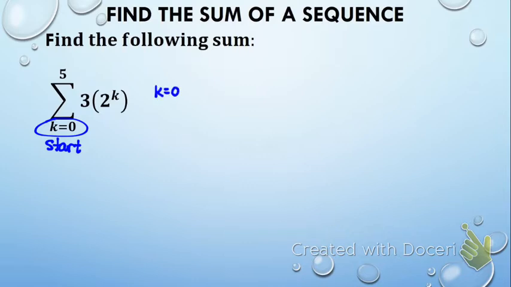So my first term, we're going to substitute 0 in the place of k. The last term, we'll substitute what in the place of k? 5. So how many terms are we going to be adding up all together? We're going to add 6 terms.